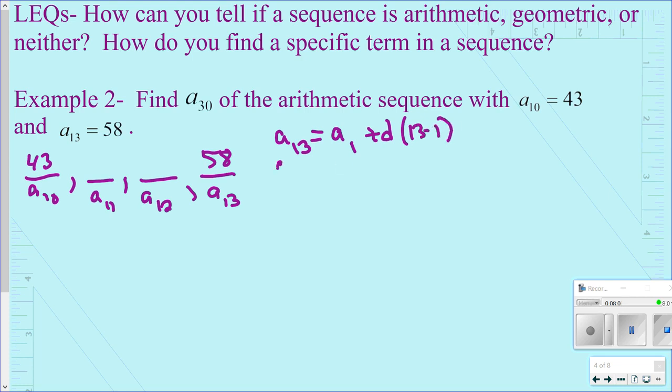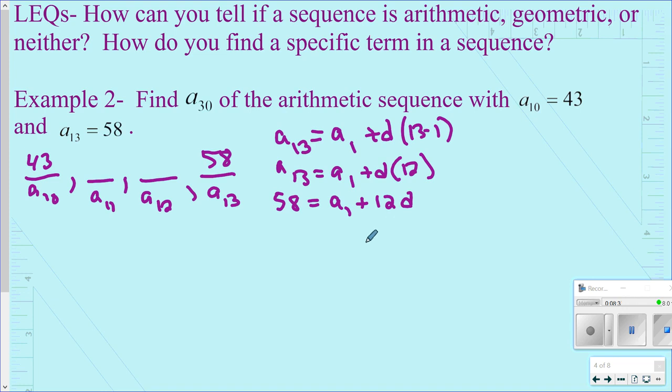So that gives me the 13th term is equal to the first term plus d times 12, or 12d. Now, that's not getting me very far, because I have too many variables here. I can go ahead and fill in a sub 13, that's 58. But I still don't know a sub 1 or d. So we have two variables yet, and we need to figure both of those out.